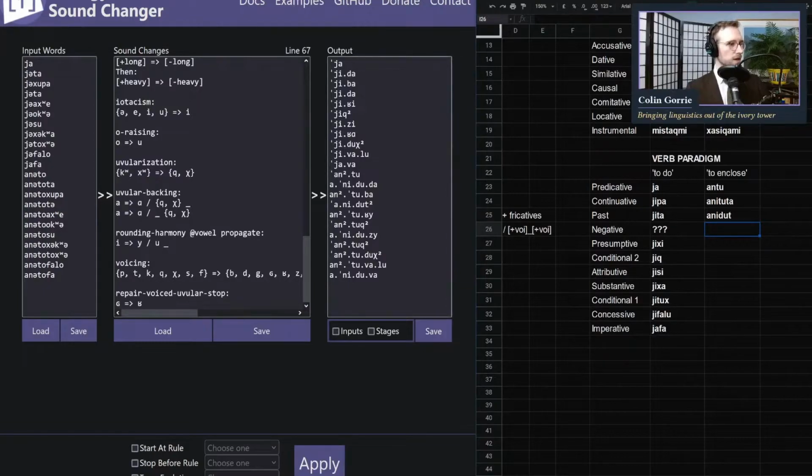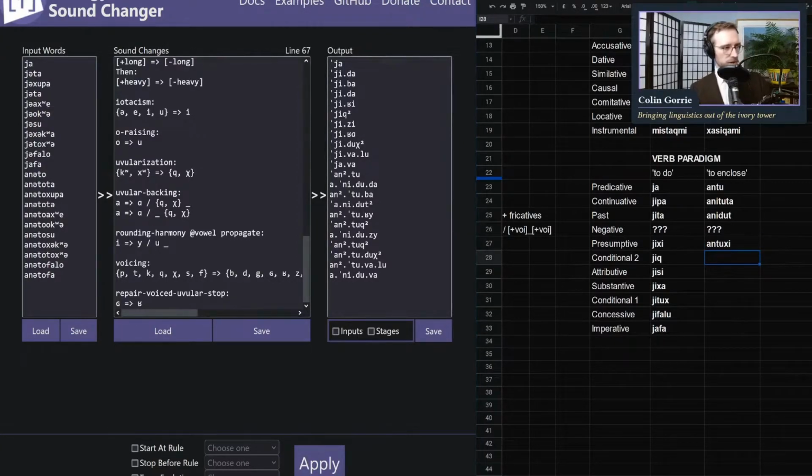And we have the negative, which we have not decided on, which I guess we should, but we're not going to right now. Anturi. So that rounding is due to vowel harmony, not reflected in the orthography, because it's totally allophonic.